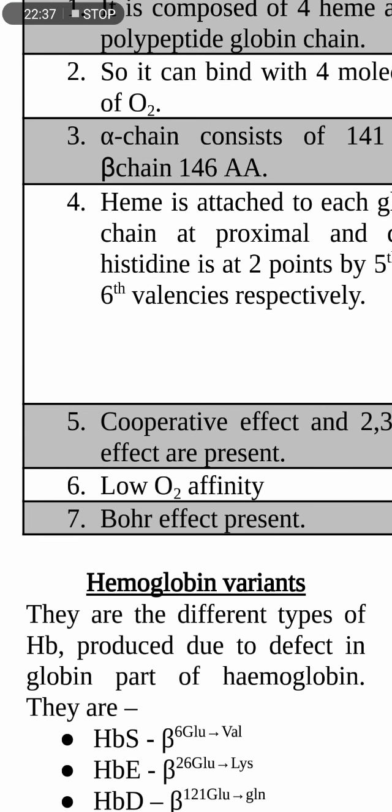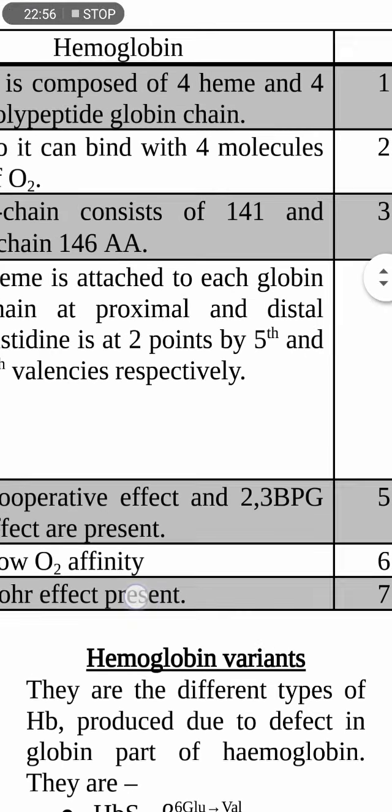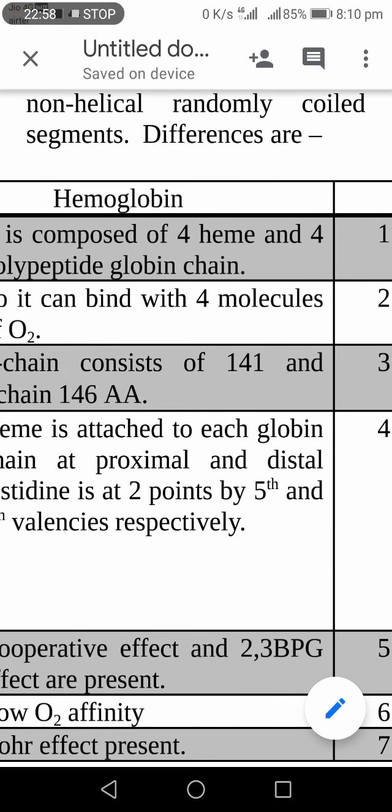Ultimately, hemoglobin has a low affinity towards oxygen, but in myoglobin, as there is no cooperative effect and no 2,3-BPG binding effect, the oxygen affinity towards myoglobin is more. And that's all for the first lecture on hemoglobin and myoglobin structure and function.